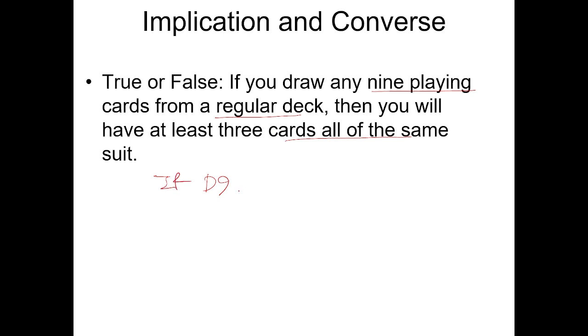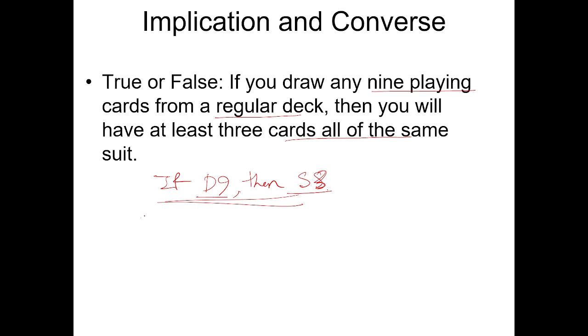If D9, then 3 have the same suit. So this is basically saying that if you draw 9 playing cards from a regular deck, you'll have 3 of the same suit. Proving this can be a little hefty, but if you try to prove the contrapositive, what is that?